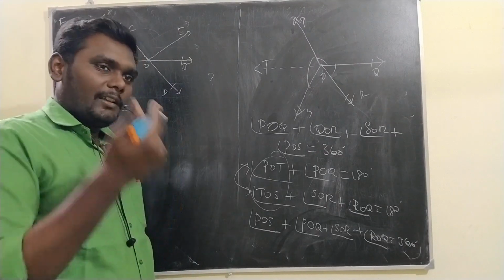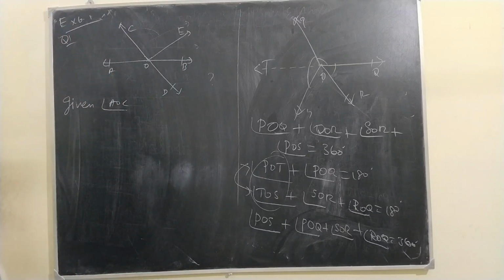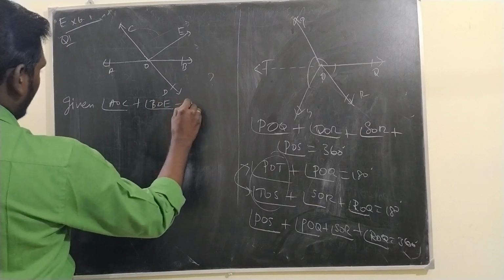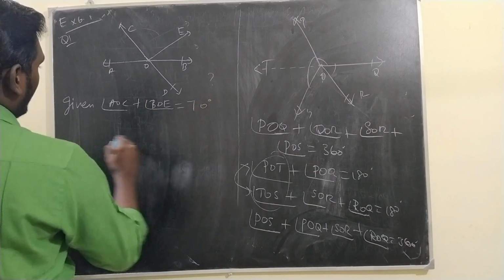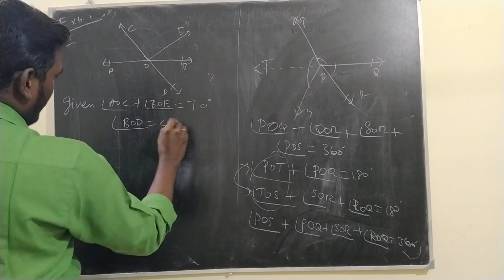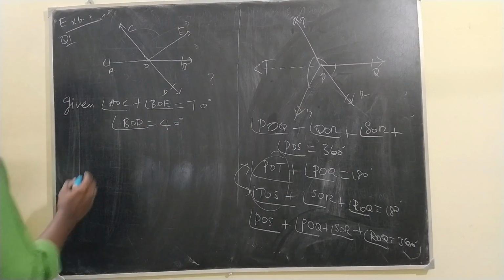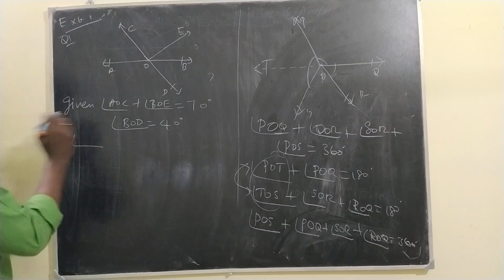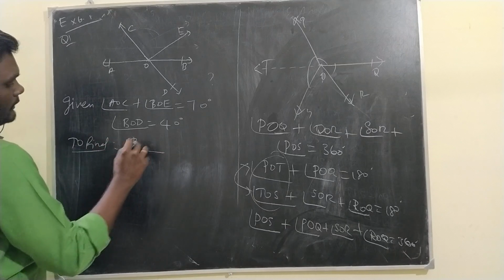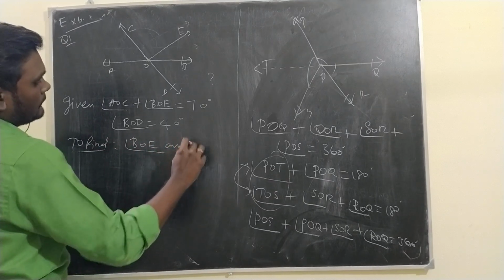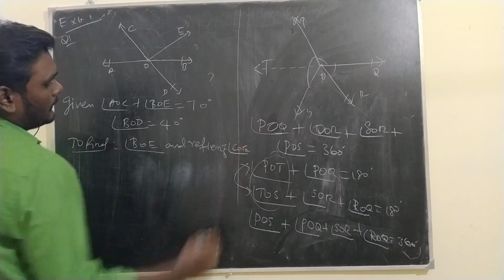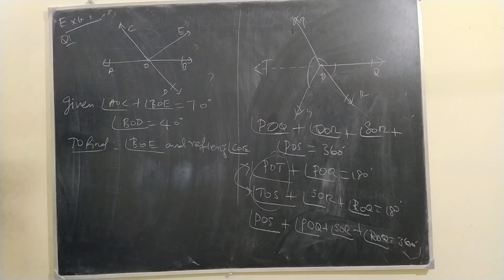All the details given have to be written under the given part. So given that angle AOC plus angle BOE equals 70 degree and then angle BOD is 40 degree. We have to find angle BOE and reflex of angle COE. Got it?